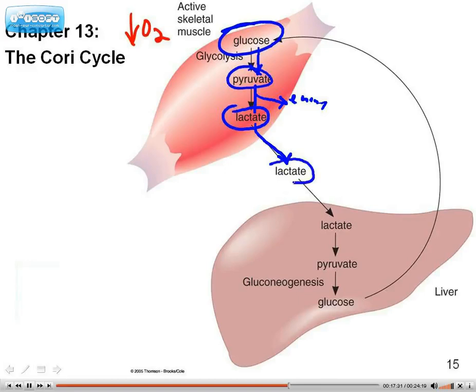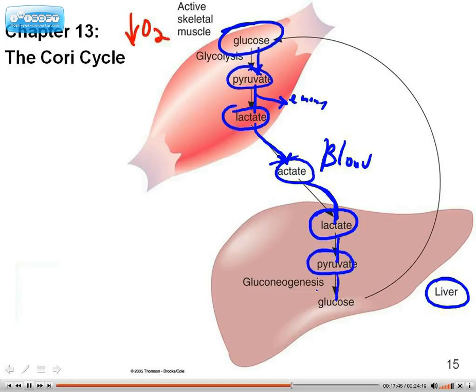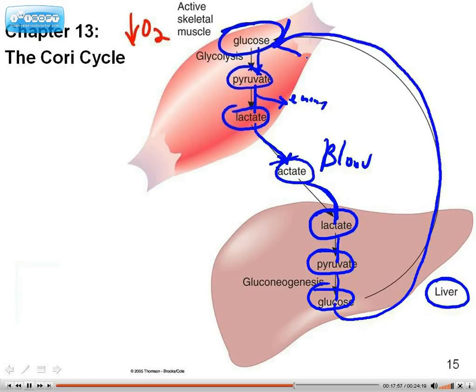So the lactate literally transfers through the blood to the liver. It's the liver that converts the lactate back into pyruvate and then back into glucose. Once it's converted back into glucose, then the glucose has to make the long journey via the blood back into the muscle. Now, this is a very inefficient process. It's the best solution to a worst situation.